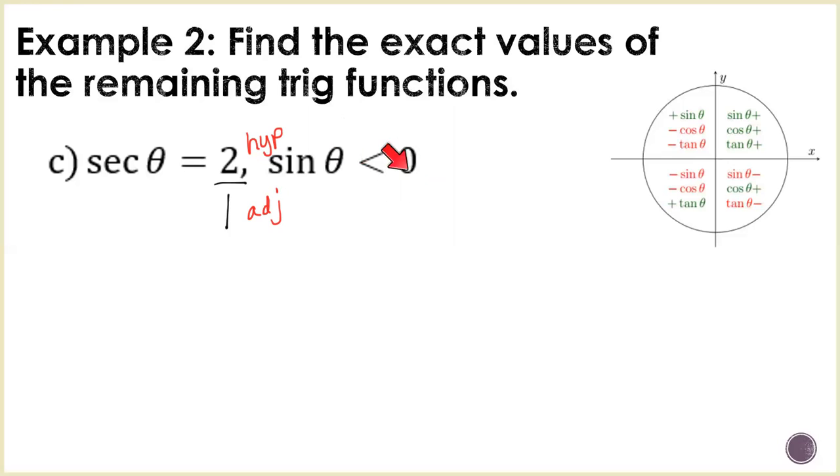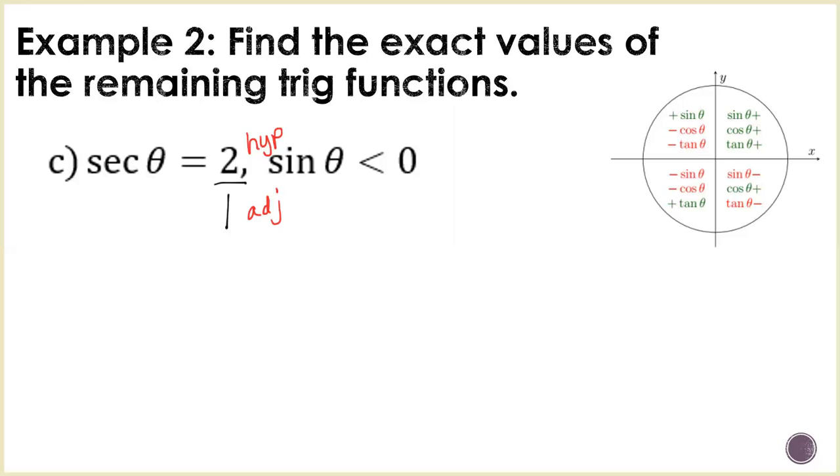So sine is negative. So what quadrant is cosine positive? Cosine and secant go together. So which quadrant is cosine positive and sine negative? And that would be 4.